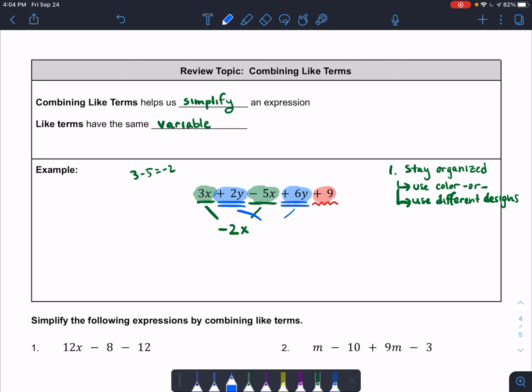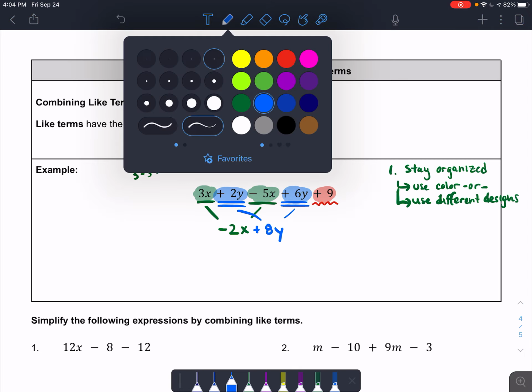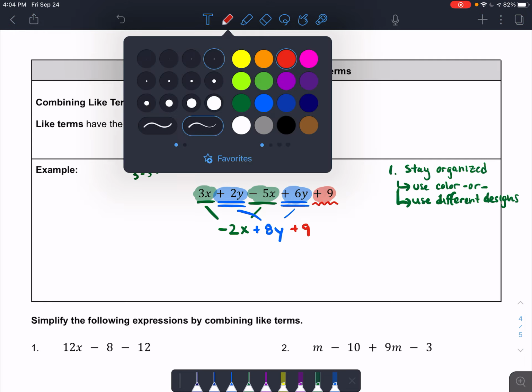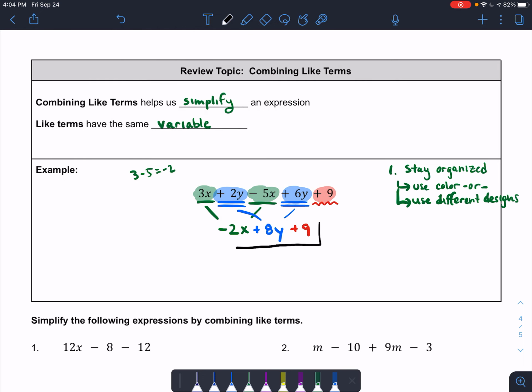I add 6 more y's to it. That leaves me with positive 8y. Finally, I bring down the 9, because there's nothing to combine with it, I just leave it alone. And this is my final answer. This is a simplified version of my original expression.